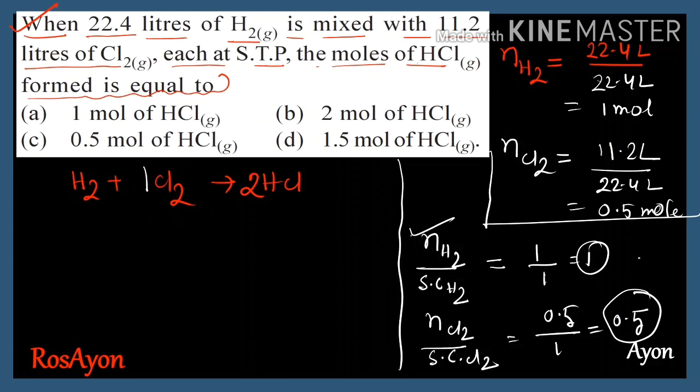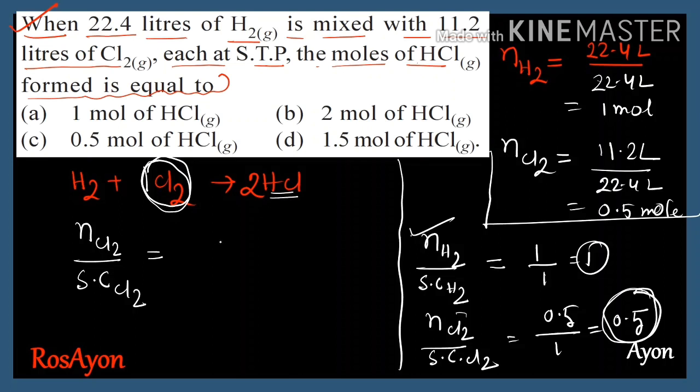Here which one is the limiting reagent? Here the Cl2, the value is less, so Cl2 is the limiting reagent and it determines the product. Now the number of mole of Cl2 divided by its stoichiometric coefficient is equal to the number of mole of HCl divided by stoichiometric coefficient of HCl.